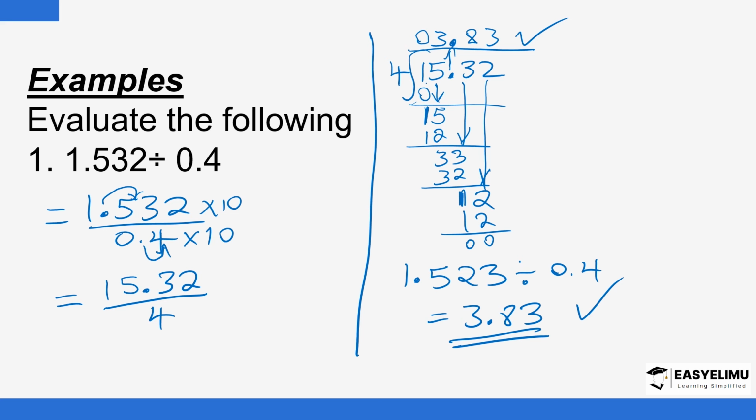What you were able to get up there, 0, 3, you'll just write 3 point. So that is how you go about it. If you divide that, you get 3.83.